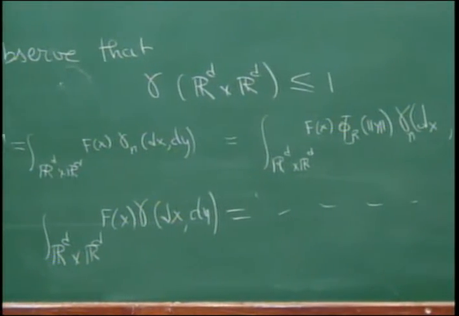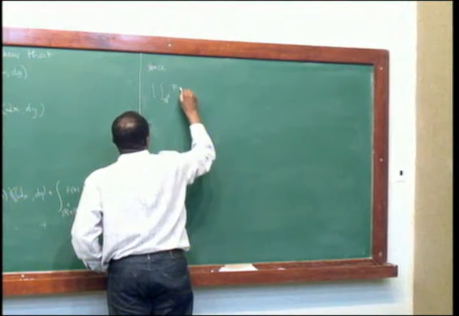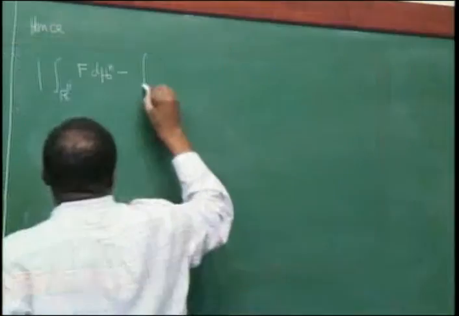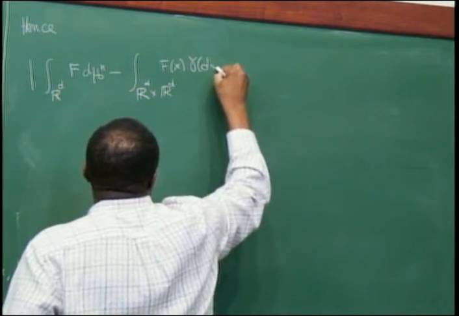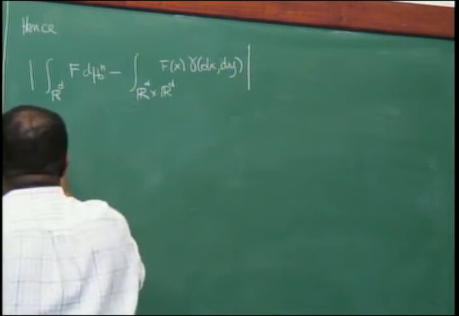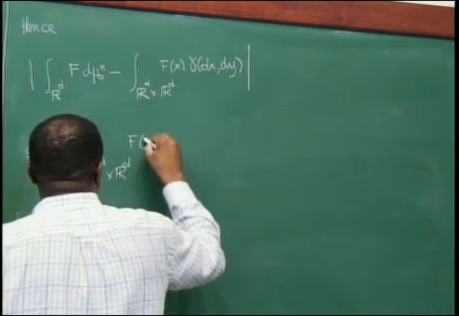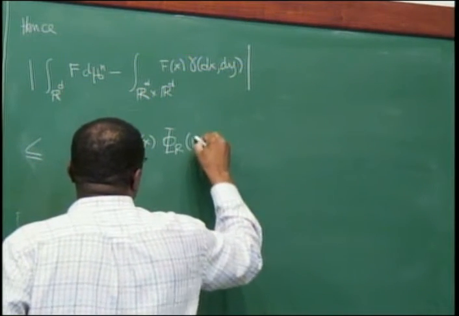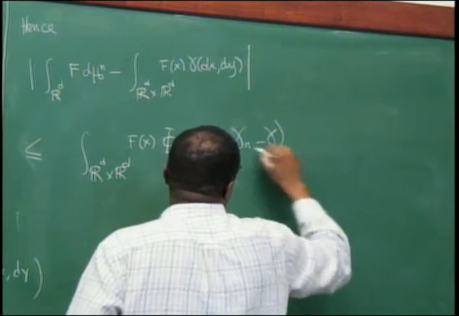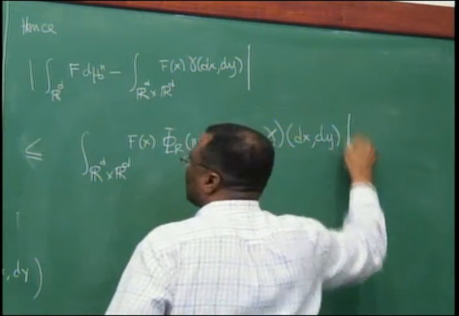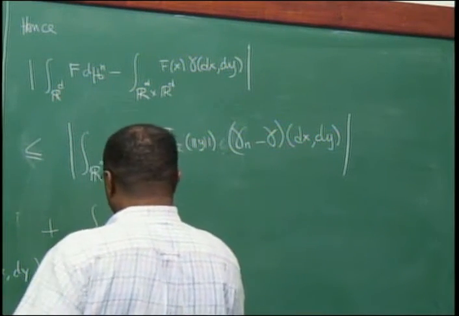So I subtract, the absolute value of the integral over Rd of f d mu naught n, minus the integral over Rd cross Rd of f of x gamma dx dy is less than or equal to the integral over Rd cross Rd of f of x phi r of y d gamma n minus gamma dx dy plus the integral over Rd cross Rd.